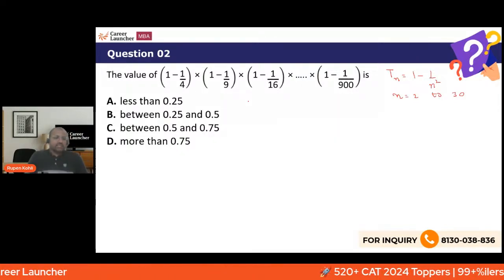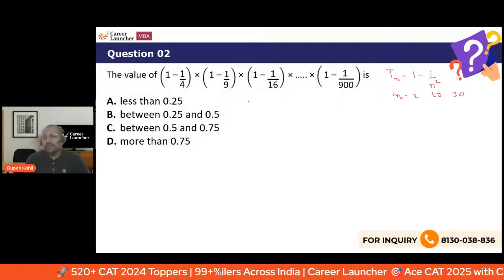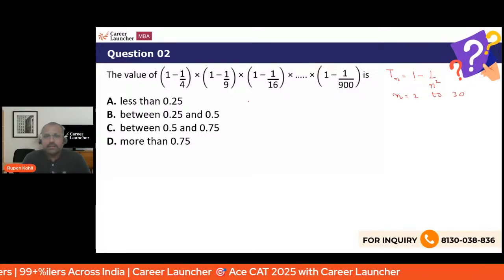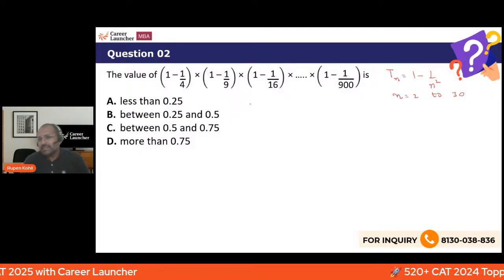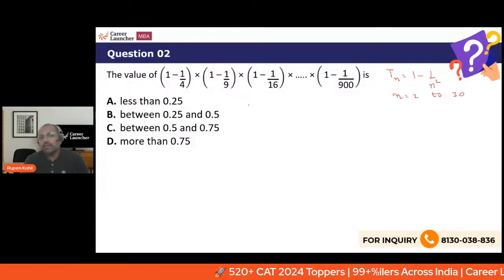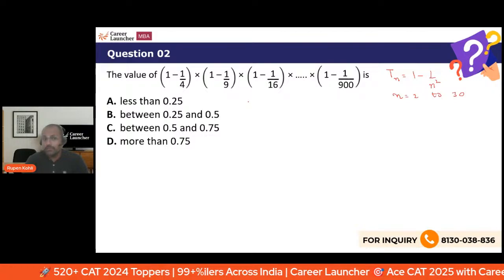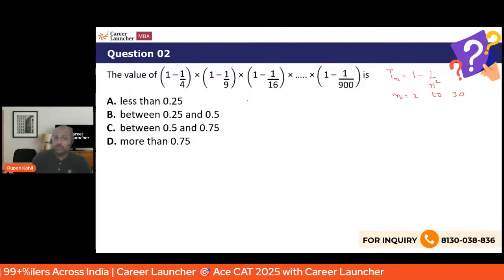Okay, Kashmi, we'll just check now. So Kashmi, if you have done this by a little bit of approximation and guesswork, here is something that I would want to discuss. There is a slight chance of error if we try to calculate this approximately, in the sense that, okay, let's calculate the product for the first few terms only.